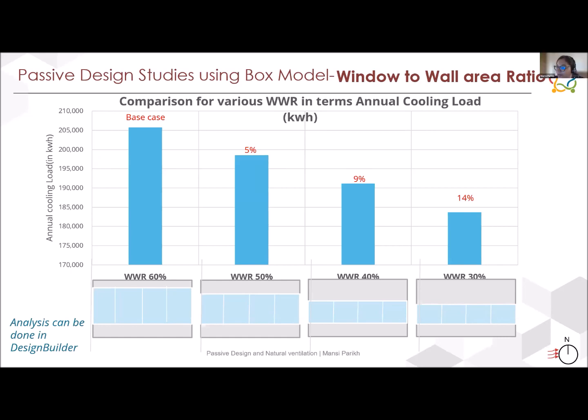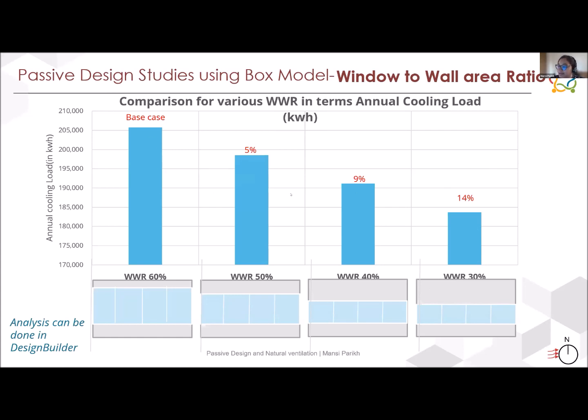Now we would like to look into the poll results. Oh, I had not entered the poll. All right, I've entered the poll now, and here are the results. Perfect. Most of you are saying that the answer is going to be 30%, because in terms of reduction, it gives the highest amount of reduction in annual cooling load.